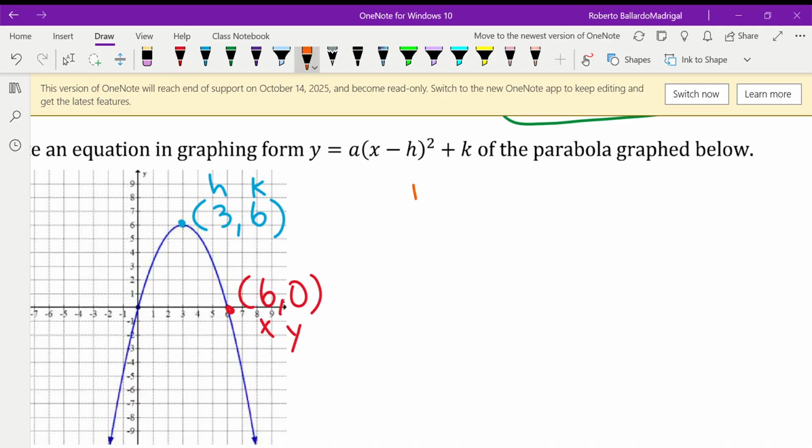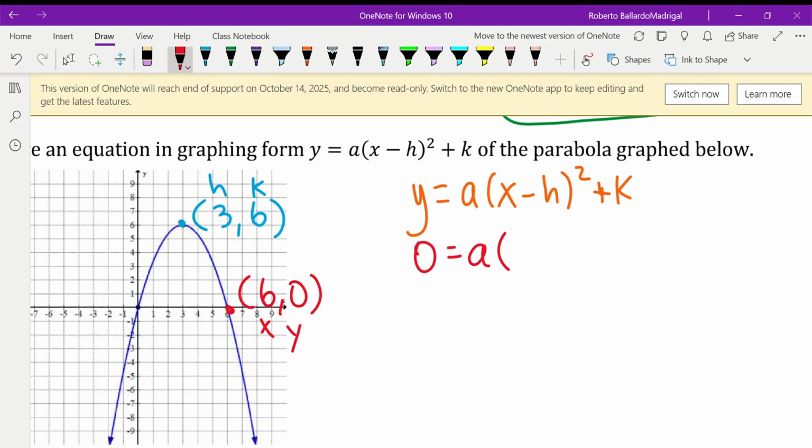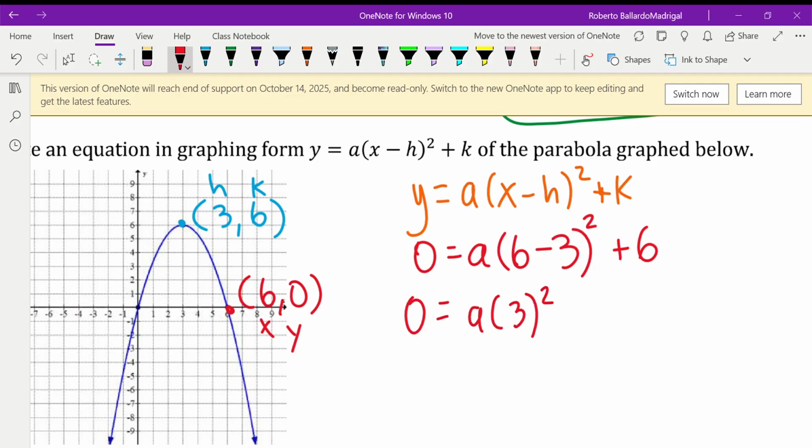So we have y equals a, x minus h squared plus k. We're going to rewrite this, but we're going to replace every letter with a value. So this is going to become 0 equals a, x is 6, so 6 minus h is 3, 6 minus 3 squared plus 6. So this will give you 0 equals a, 3 squared plus 6.